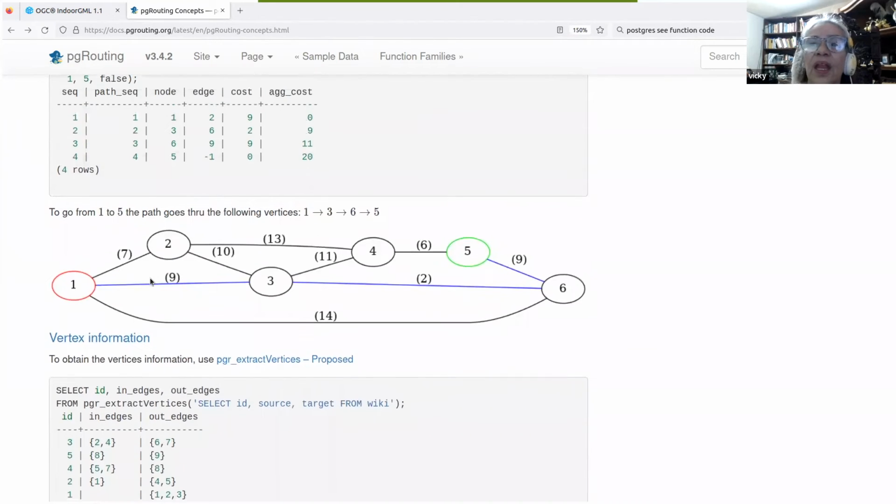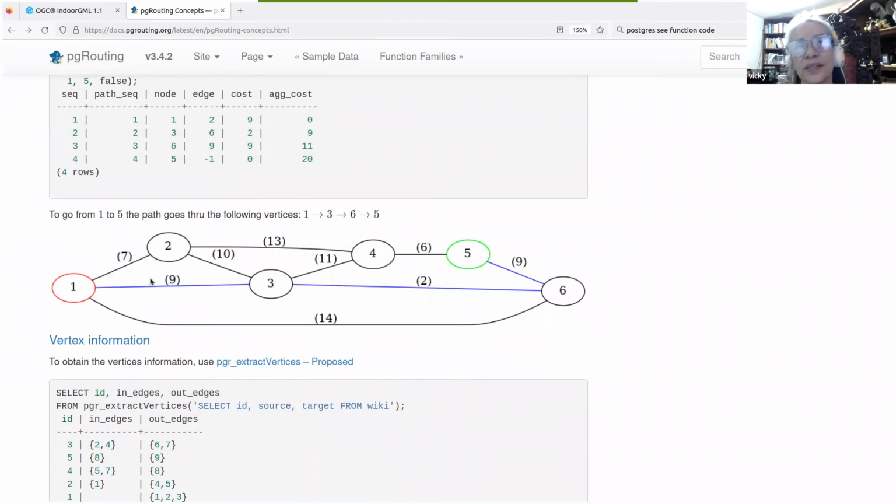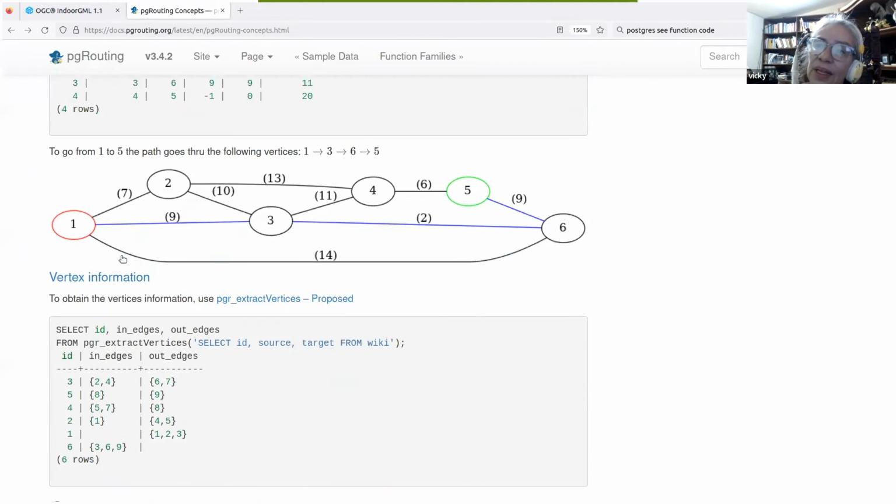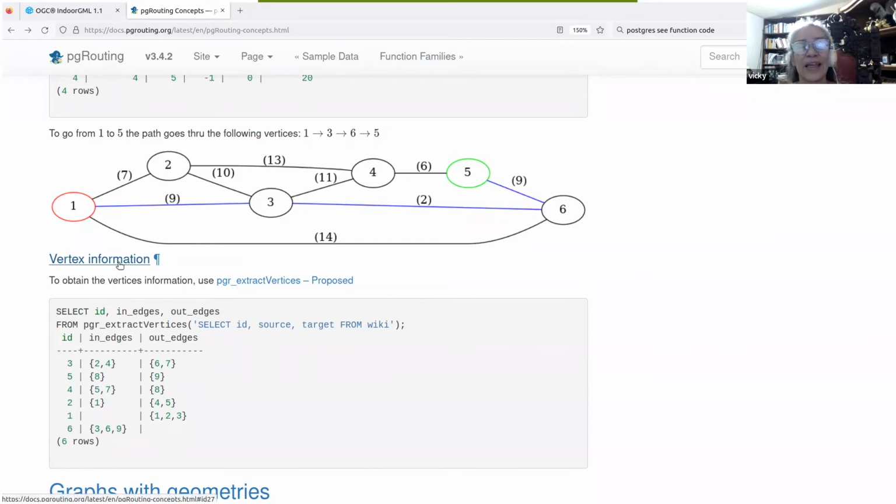Now, remember that I mentioned that graphs have two elements. One of them is the set of edges, and the other one is the set of vertices. Basically, starting version 3.3, I think, I'm going to be encouraging the use of the new functions like pgr_extractVertices instead of pgr_createVerticesTable.